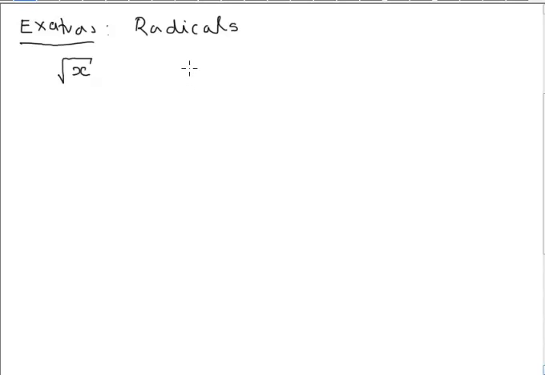When I'm saying square root of x, I'm talking about a number which when I multiply by itself, I know my answer is going to be x. That's what it means. Do you agree? When I say square root of x, I'm talking about a number which when I multiply by itself, I get x.